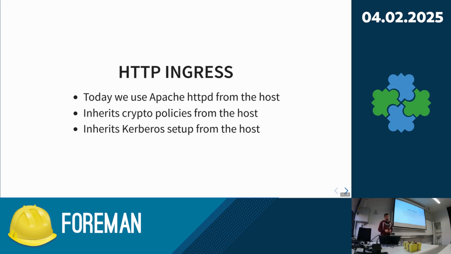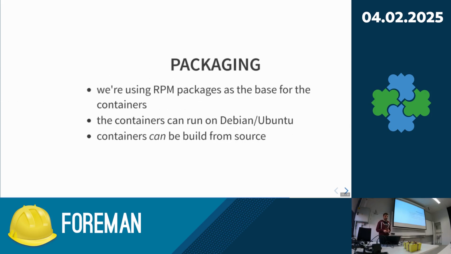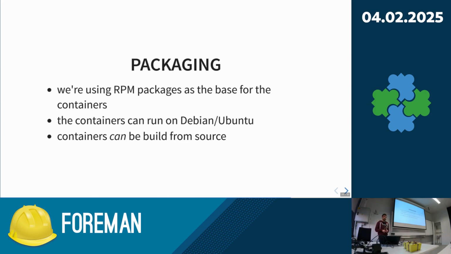The next question that I'm asking constantly is, what about packaging? I was saying that we are building the containers today based on RPM packages because it was easy and gives us a trivially inspectable thing. But we don't really need packages for the sake of running Foreman. It just makes things easier.